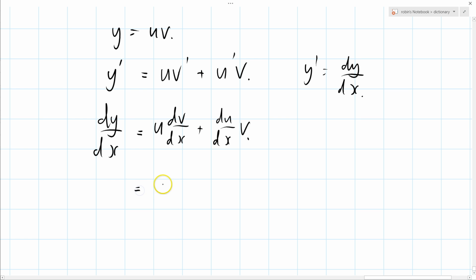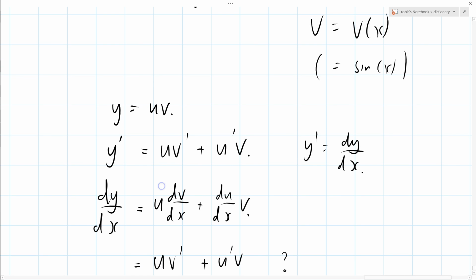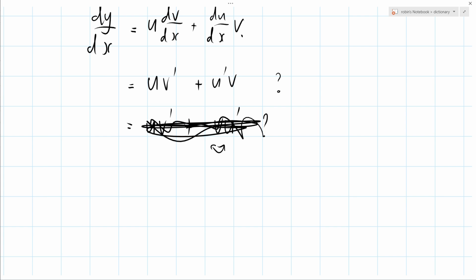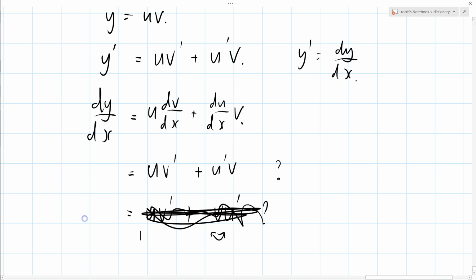Sometimes you see it written like this, u v dash plus v u dash, because you've swapped over the order of u and v. It doesn't matter for these univariate functions here, but if you start to do matrix calculations, then it gets very confusing. So I'm just going to pretend I never did that. All right, that's the formula.